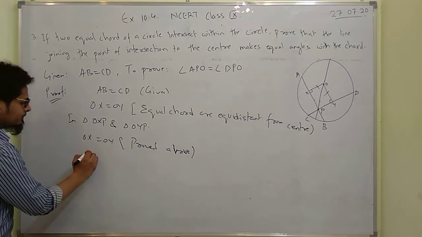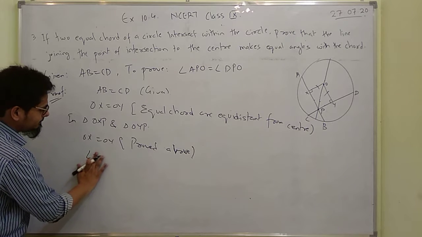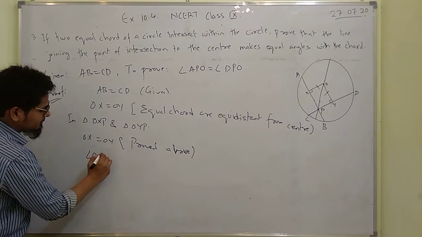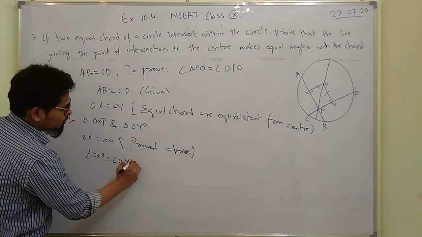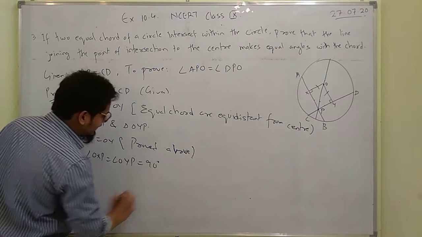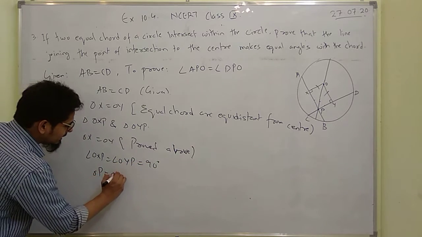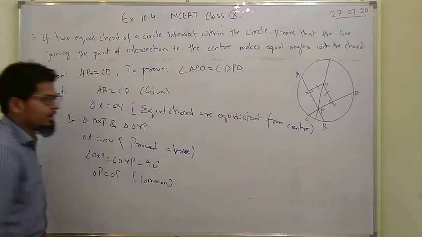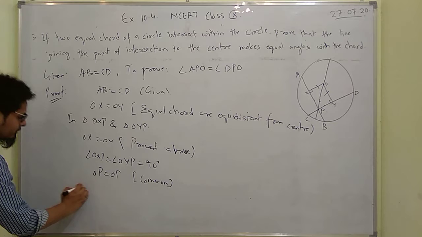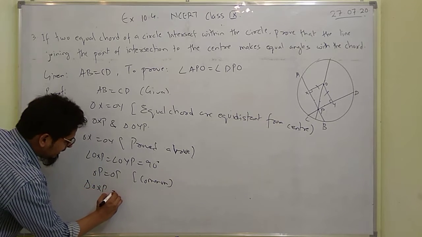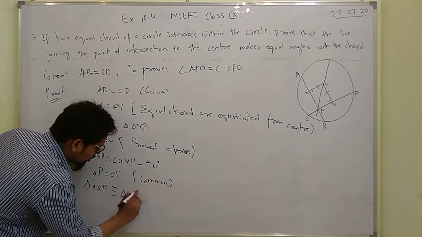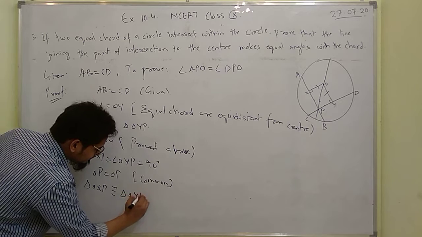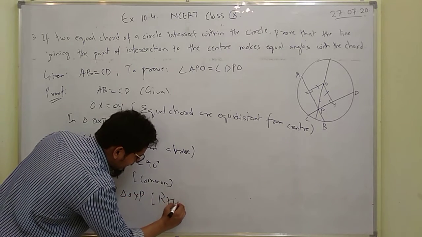After this, next is the angle. Which angle? Angle OXP is equal to angle OYP, each of 90, and OP is equal to OP. This side is common. Clear? So by RHS we can say triangle OXP is congruent to triangle OYP by RHS.